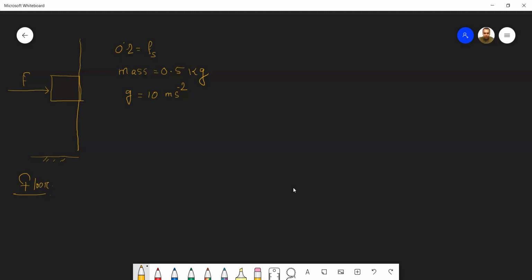Okay, let us analyze the scenario. This block has a weight, which will act downward. The weight is given by mg, mass multiplied by the acceleration due to gravity. So we have to balance this block.